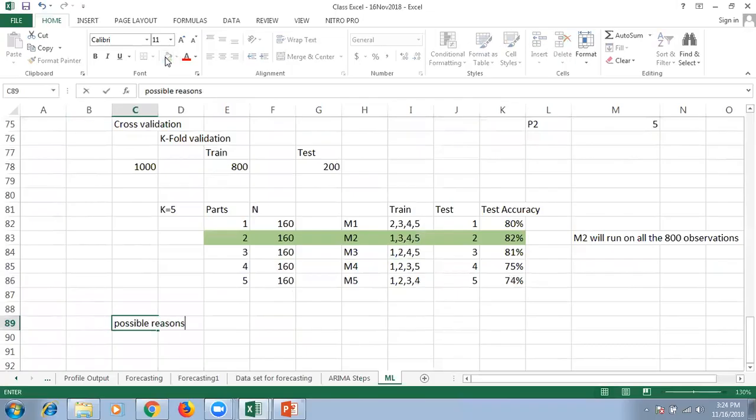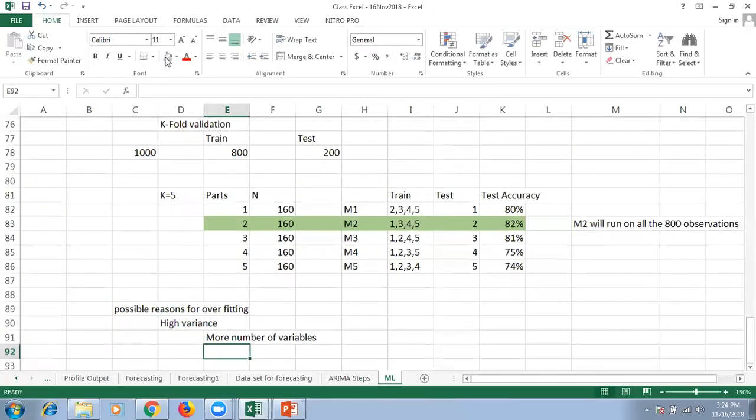What are the possible reasons for the overfitting problem, guys? It's because of high variance. But why will you get high variance?